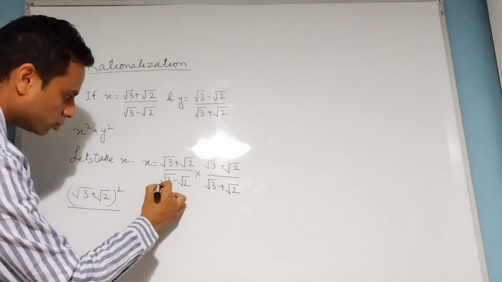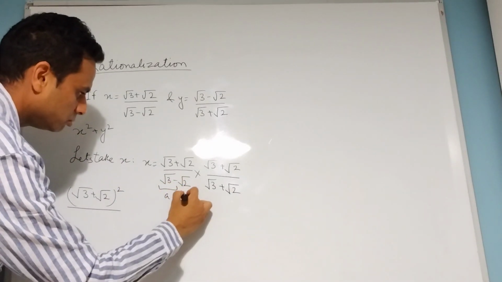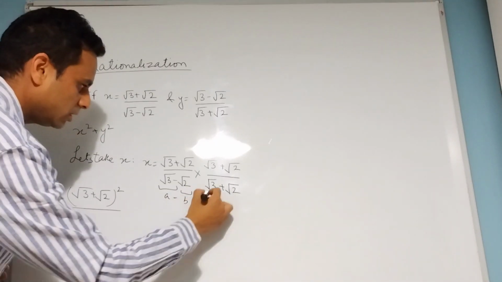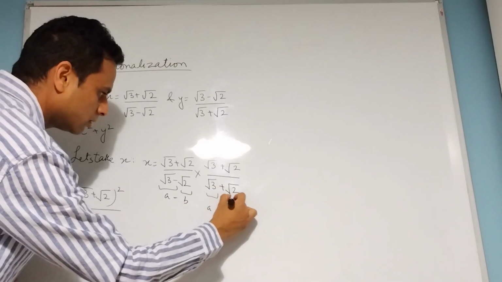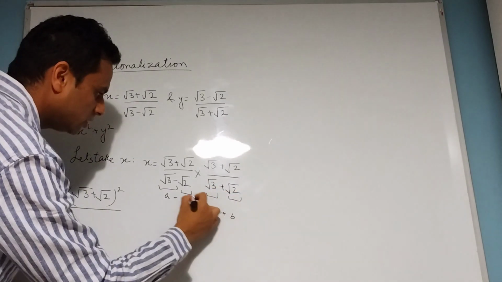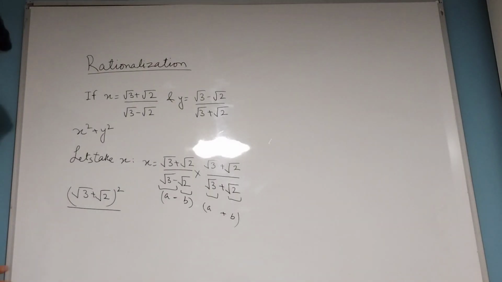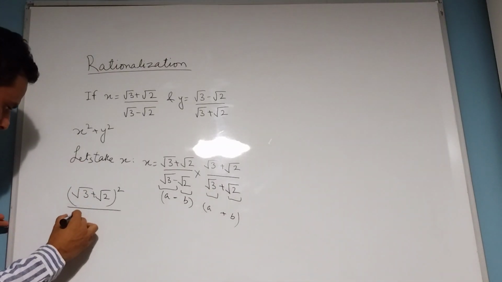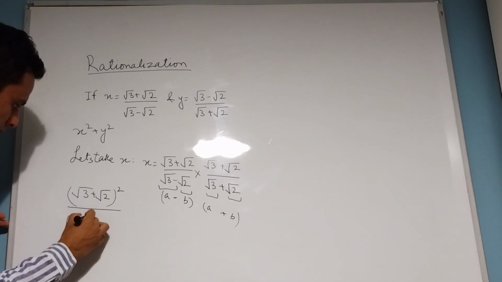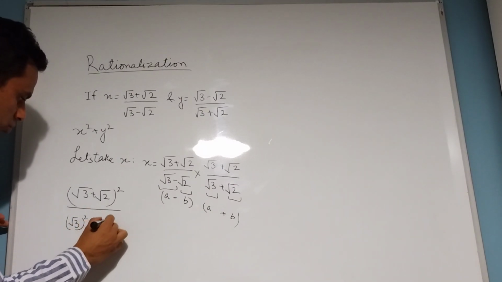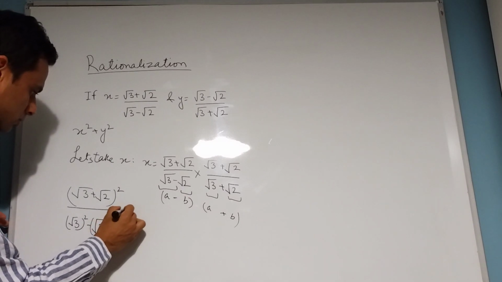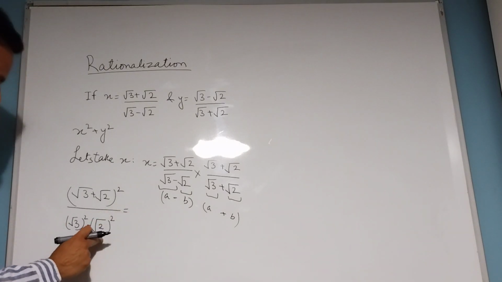A minus b times a plus b is a squared minus b squared, which is nothing but root 3 squared minus root 2 squared, which is 3 minus 2 equals 1.